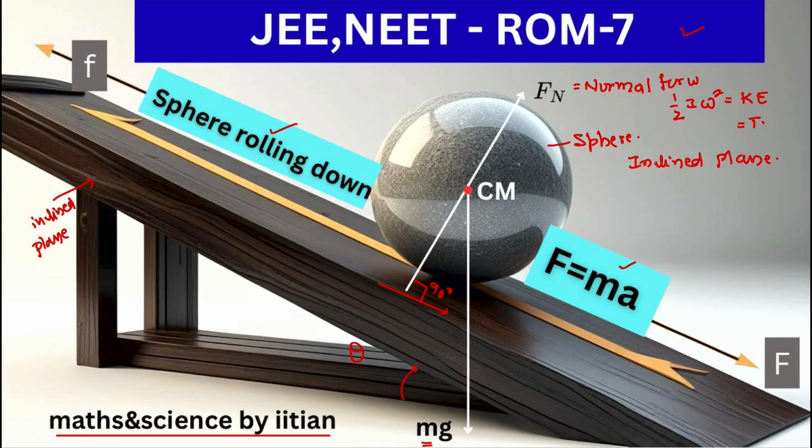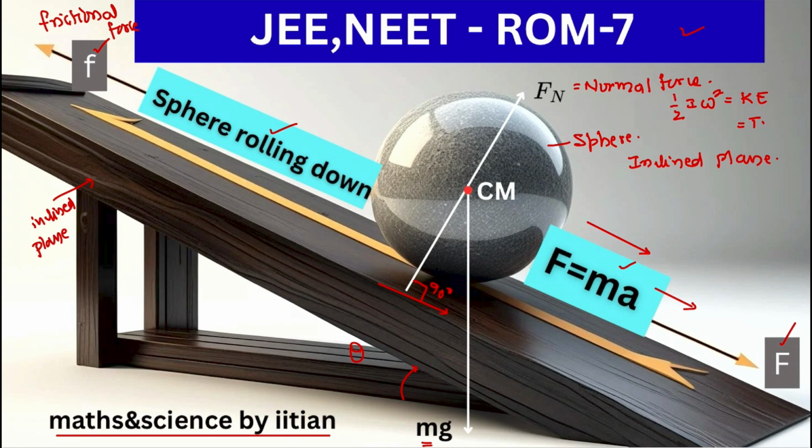And as the ball is rolling downwards, the frictional force F will always be acting opposite to the motion. And because the ball is rolling with an acceleration, the net force F is equal to ma in this direction, in the direction of motion of the body.